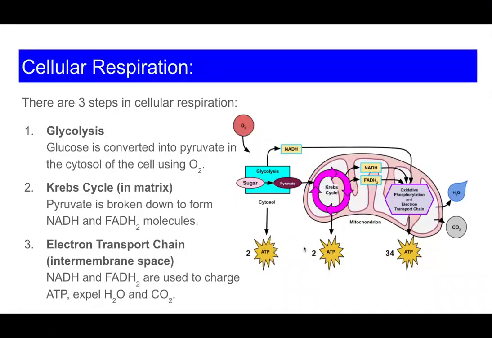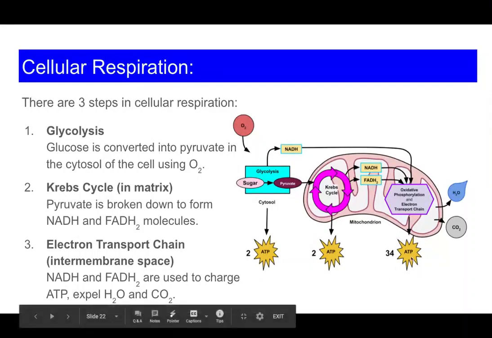And so in step 3, all of these charged up NADH and FADH2 batteries are in this inner membrane space right along this little purple line here, purple and mauve and pinky, whatever color. We're going to see the electron transport chain take over. And what it does is it is able to actually just make a bunch of ATP. So we recharge ADPs into ATPs.